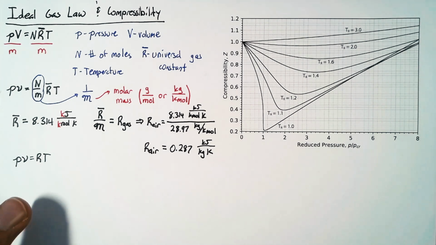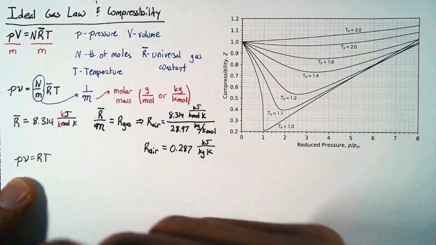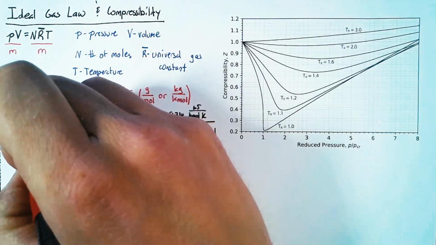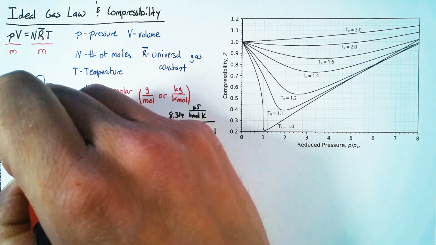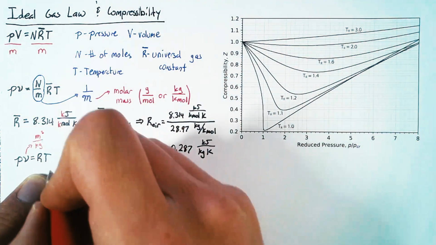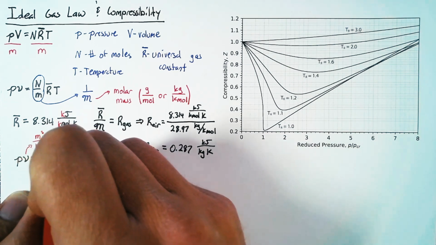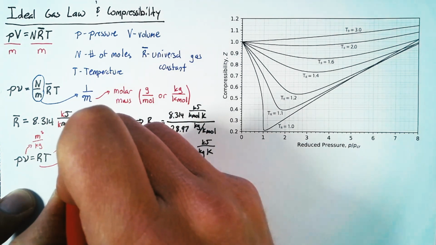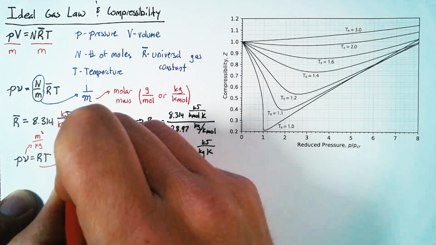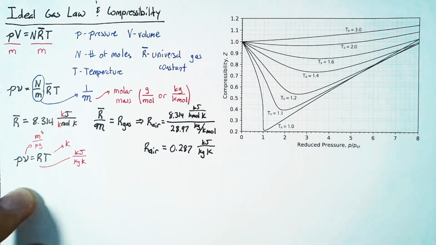Now, I want to spend just a moment to look at the units of this equation. The specific volume we like referring to in meters cubed per kilogram. The temperature we're going to be dealing with in Kelvin, and we just said that the specific gas constant was in kilojoules per kilogram Kelvin.